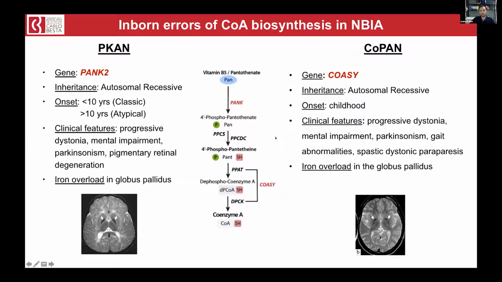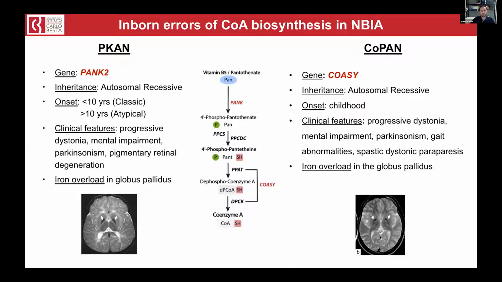So the two diseases are pretty similar, as mentioned before, but CoPAN seems to be extremely rare and more severe than PKAN. Probably, maybe because there are more PANK isoforms, but only one COASY gene.